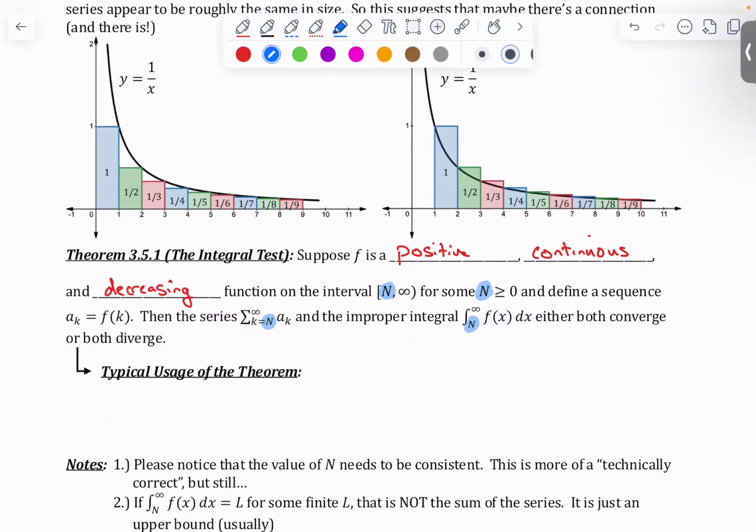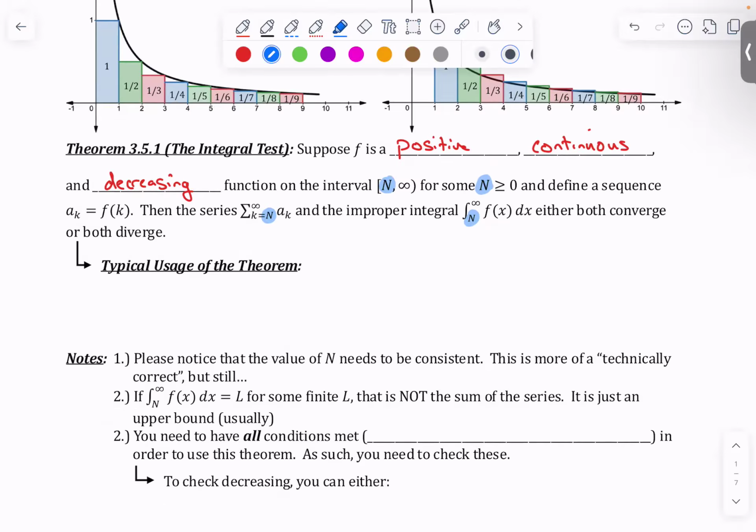The typical usage of the theorem is that you'll have a series that you don't know about and you want to figure out more about it. You look at the improper integral that it corresponds to, to see if that diverges or converges, and then yours will do the same.